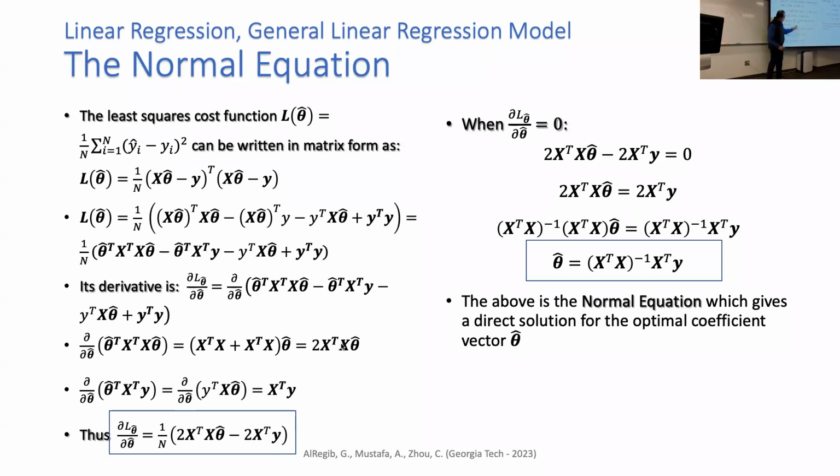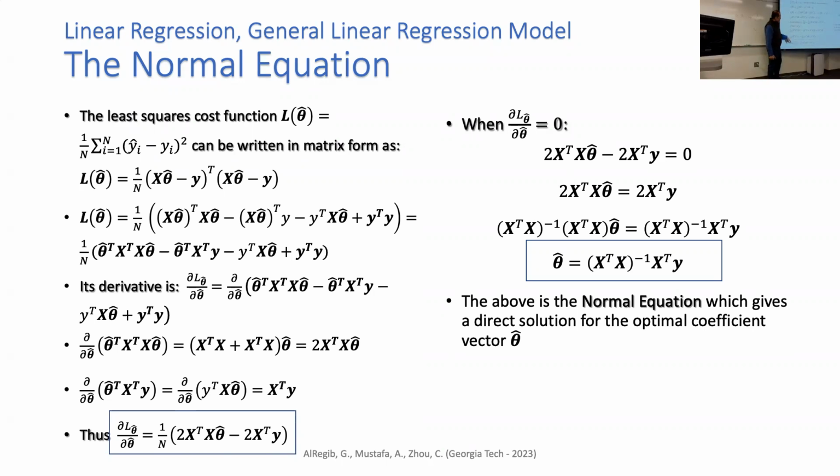So y transpose x, all transpose, which will be x transpose times y. This is again the same term. So both of these terms, the second and the third, have the same derivative with respect to theta, which is this one, right? And finally, the fourth term, which is y transpose times y, doesn't really depend on theta. The derivative of this with respect to theta will be 0.